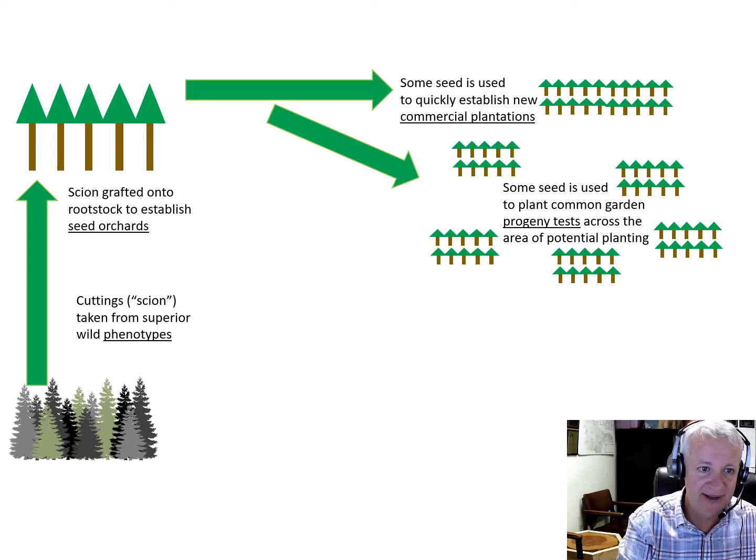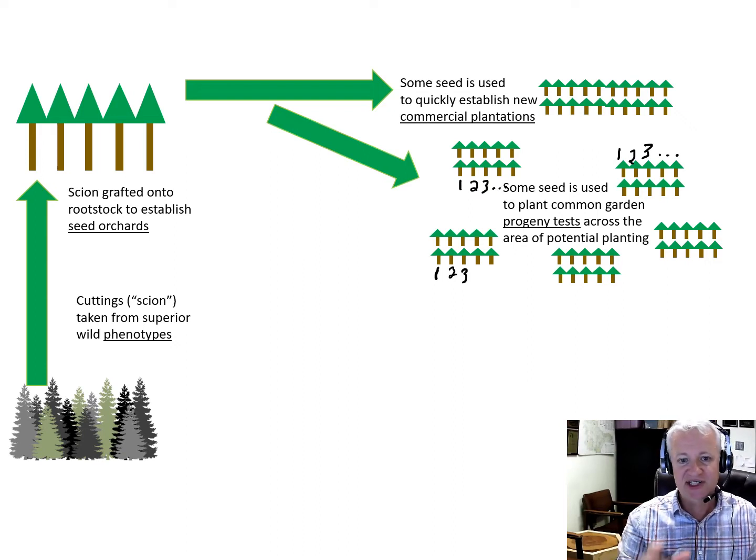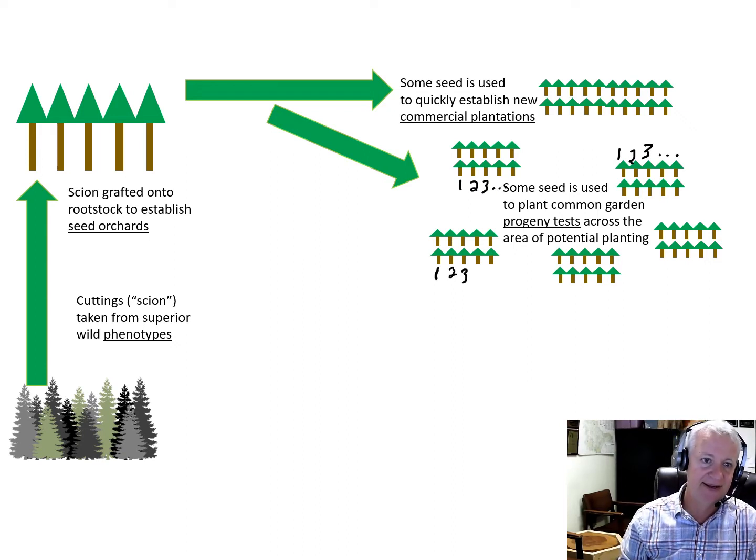So this might be offspring from parent 1, offspring from parent 2, offspring from parent 3, and you have those offspring from the same parents in many different locations or in multiple different locations. Okay? So each of those is a common garden study.